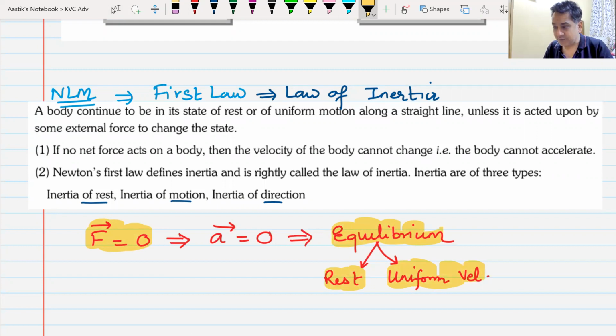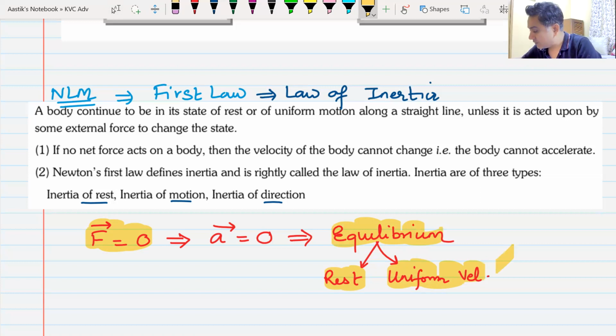That is what we meant by equilibrium. Do we understand it now? Yes, sir. Equilibrium means the body is at rest or moving with a uniform velocity. I hope you remember it now.